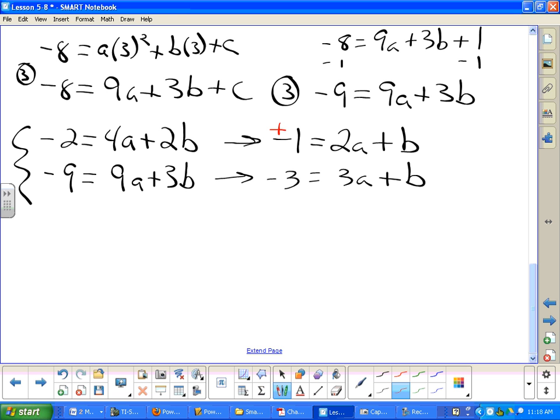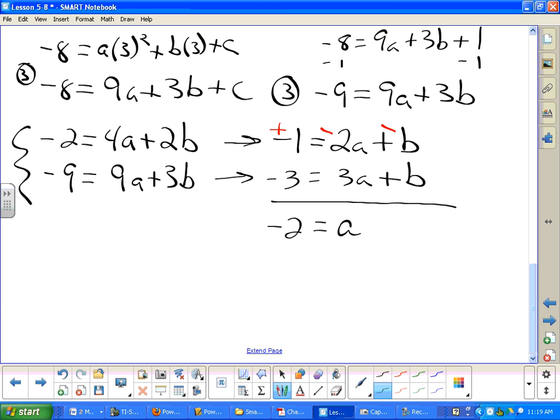So this will become a positive, a negative, and a negative. Multiplied by negative 1, the b's have the same coefficient except for opposites. So when I combine them, 1 minus 3 is negative 2. Negative 2a plus 3a is a. And negative b plus b is 0. So I just found that a equals negative 2.